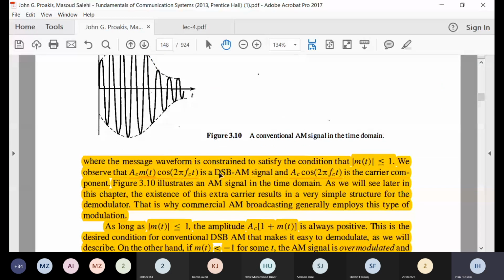This part is a DSB-AM signal, while this part is the carrier, and this denotes its time domain signal. This is how it will look, and you will also be seeing these signals in the lab. Nowadays we don't have those hardware labs, but you will be doing this through software. You will be seeing this.